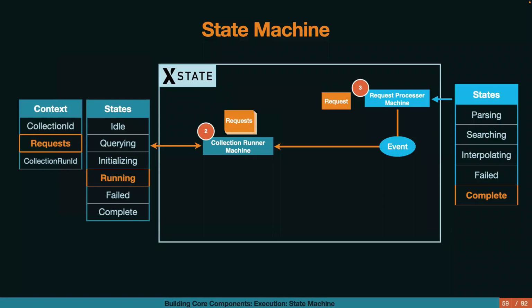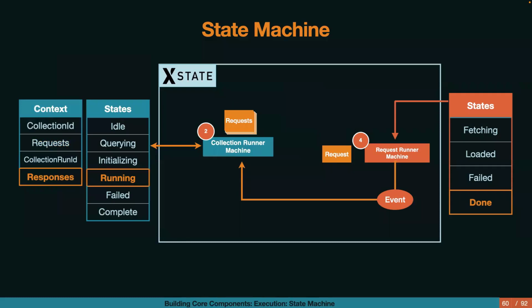Here, we interpolate values for tests that reference previous requests. Now, this state machine has its own states and context, and when the request processor machine reaches the complete state, the context is sent back in an event to the parent machine. Here you can see that the requests in the collection runner machine's context have been updated based on the data sent back from the request processor machine.